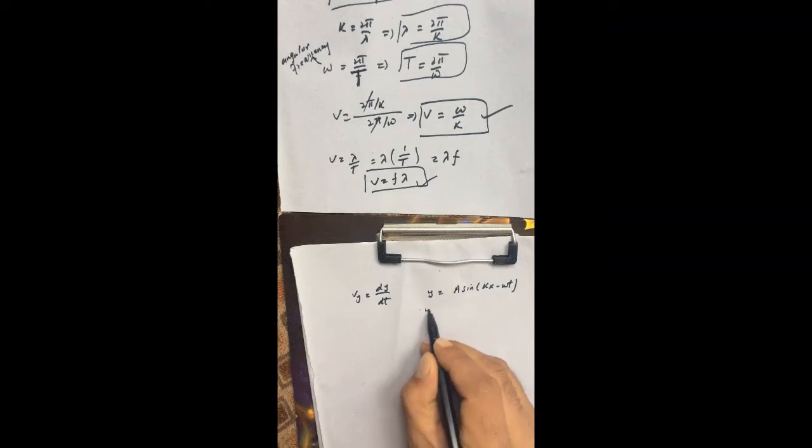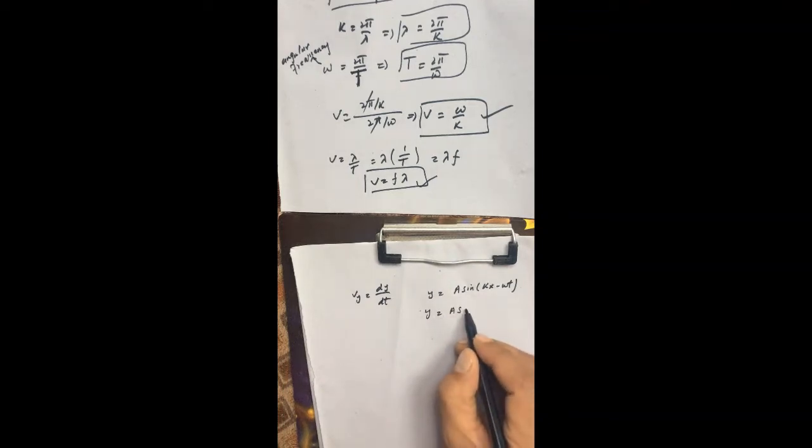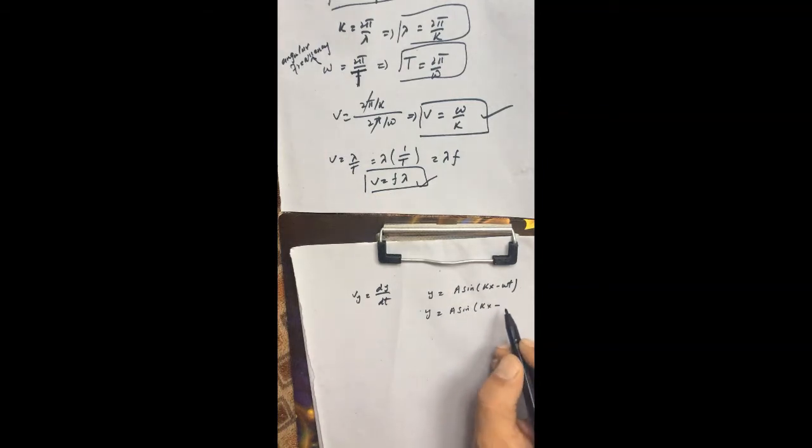Because we already wrote y is equal to A sine of kx minus omega t. Let me check its value.